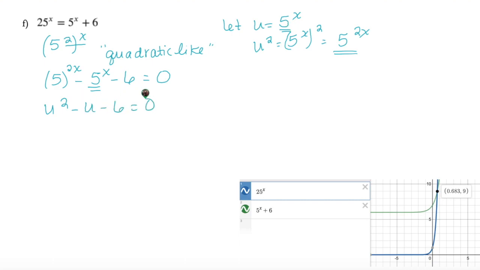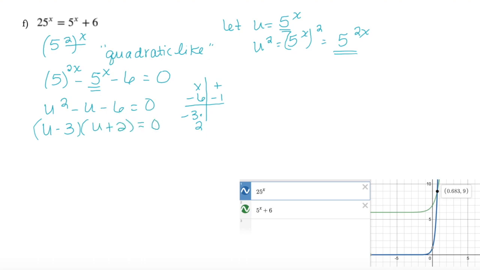Look how nice this looks now. We could find two values that multiply to negative 6 and add to negative 1. Such as negative 3 and 2. So u minus 3 and u plus 2 equals 0.